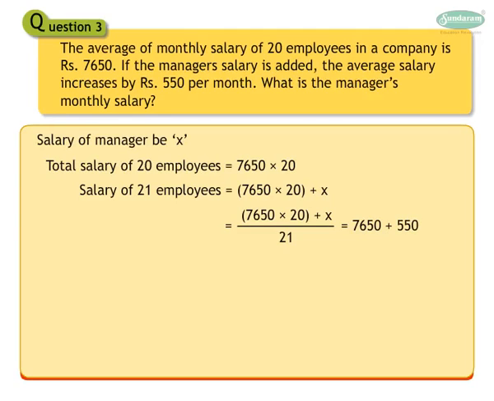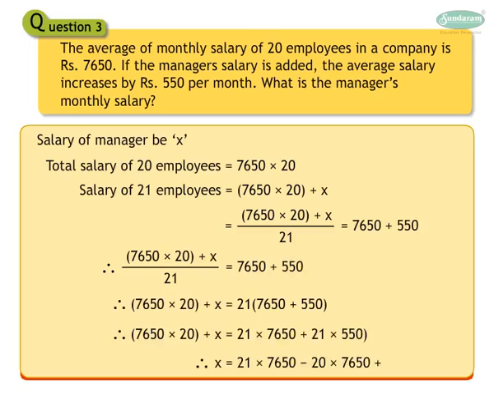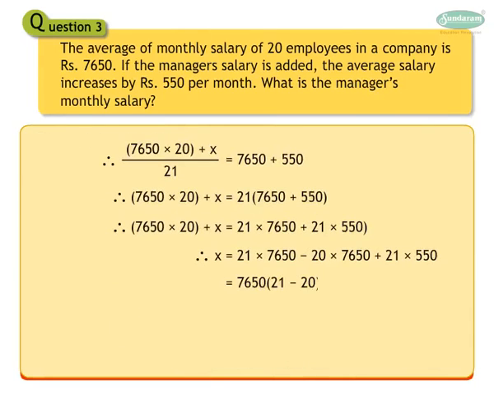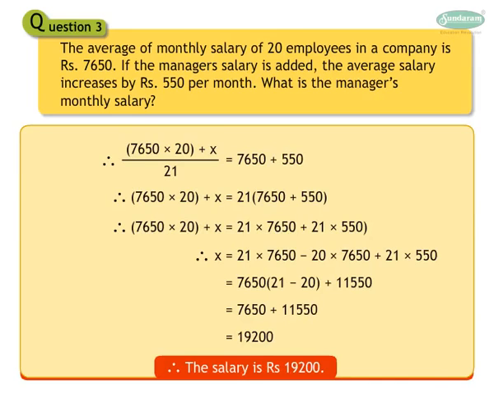We now get an equation in x, which is 7,650 into 20 plus x upon 21 is equal to 7,650 plus 550. We now solve the equation for x as shown. Therefore, we get x as rupees 19,200.